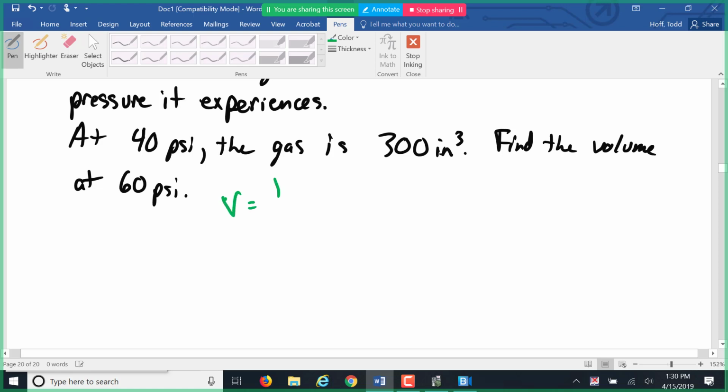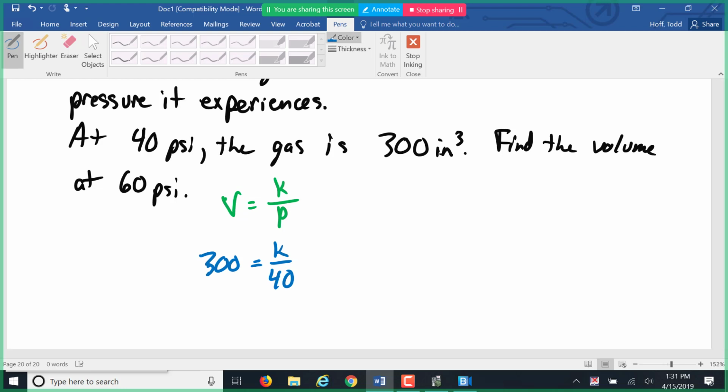So volume equals the constant divided by the pressure. So 40 psi equals K over 300 cubic inches. Oops, I got that backwards. Our volume should be 300 equals K divided by our pressure of 40 psi.